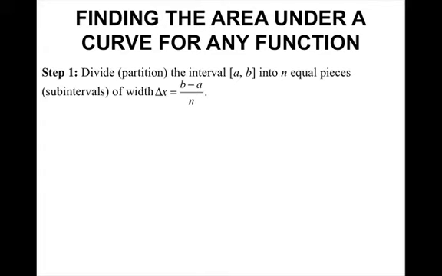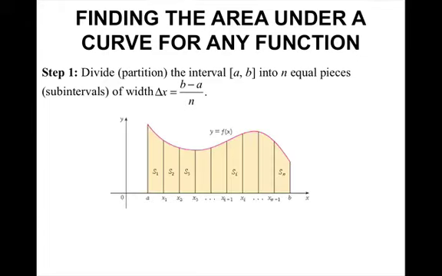So, finding the area under a curve for any function. Step 1, you are going to divide or partition the interval from a to b into n equal subintervals, of width change of x equals b minus a over n. So it'll look something like this.